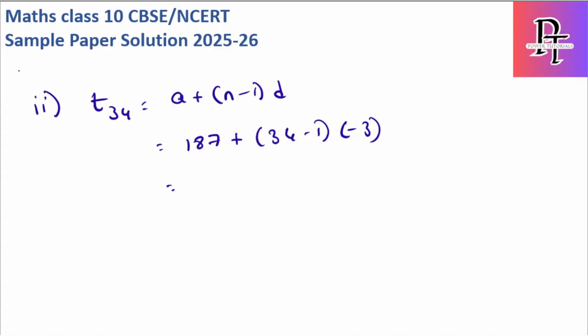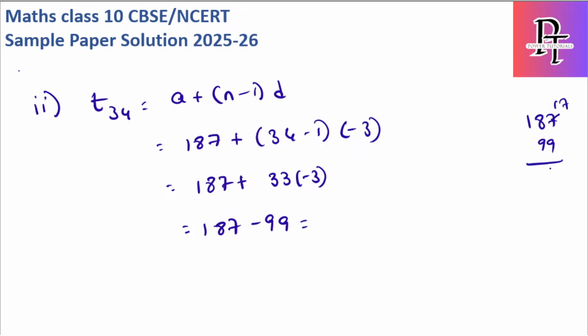So here it is 187 plus 33 into -3, so 187 minus 99. So let's solve this. 17 minus 9 is 8. This becomes 17, 17 minus 9 is again 8. So T34 value is 88.